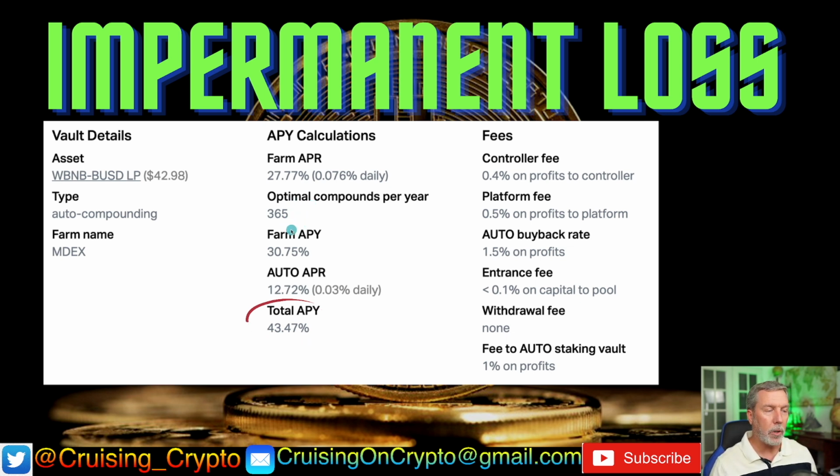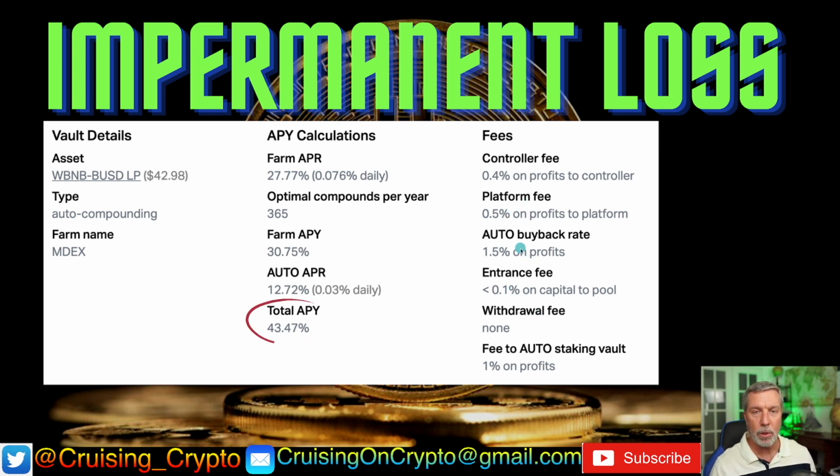Auto Farm auto compounds it 365 times, so once a day. They reinvest your MDEX coins, which you were going to get as reward. And they reinvest it so that now your 27.77% is now working out to be a 30.75% rate of return because of the auto reinvesting. And then, because you are using Auto Farm, they are collecting fees.